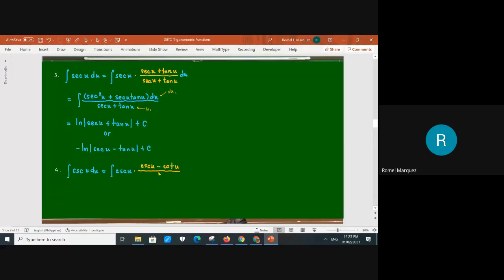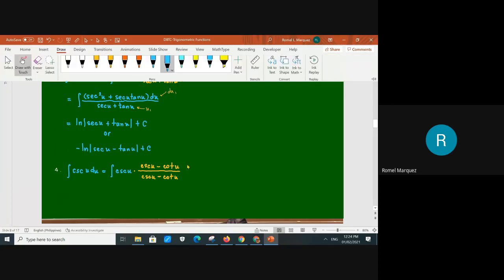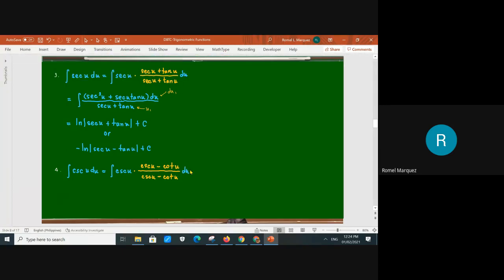If your multiplier is plus cotangent times cosecant in the numerator and denominator, then what you will get is negative ln of, okay? So not the positive, but of course because of trigonometric identities, you can derive the positive coefficient for the ln, no? But to get that immediately, let us have the difference, okay? Again, it's correct also to have plus, so it's all right if you have that.